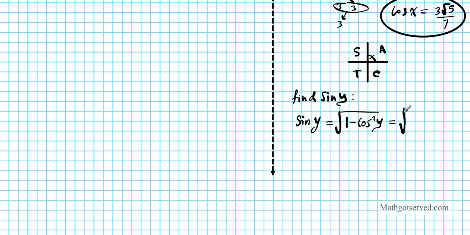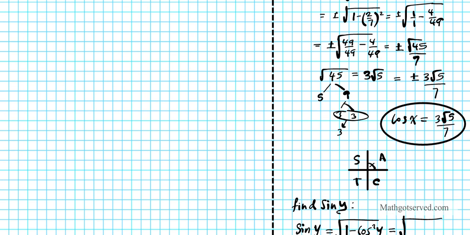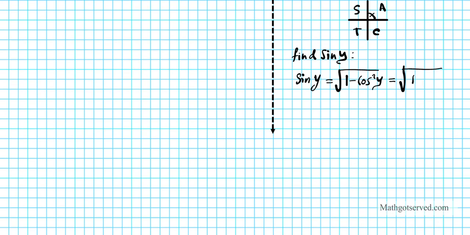What is cosine y? We need to go back to the question. Cosine y is 4 over 5. So I have the square root of 1 minus 4 over 5 squared, which becomes 1 minus 16 over 25.